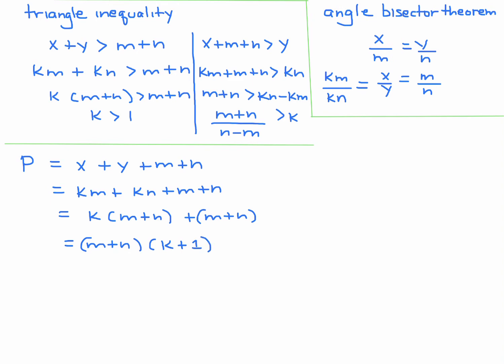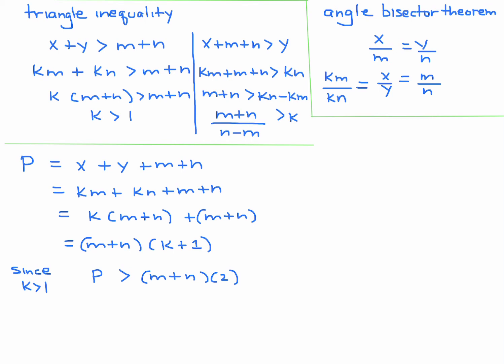All right, so now let's discuss this. We have some very helpful inequalities up here. The first one tells me that k is greater than 1. So since k is greater than 1, that means that the perimeter must be greater than m plus n times 2, because k is greater than 1, so that has to be greater than 2.